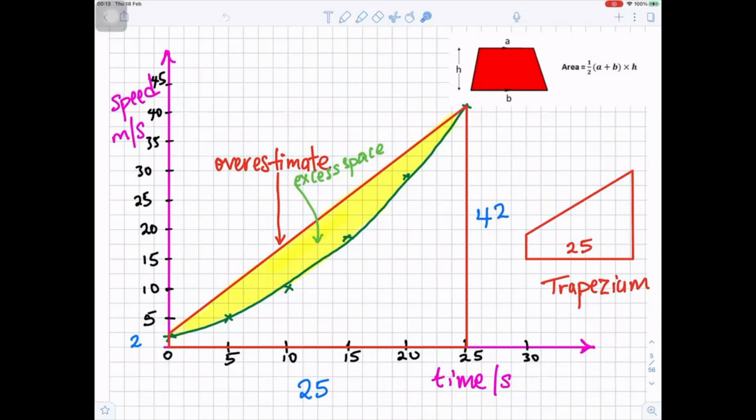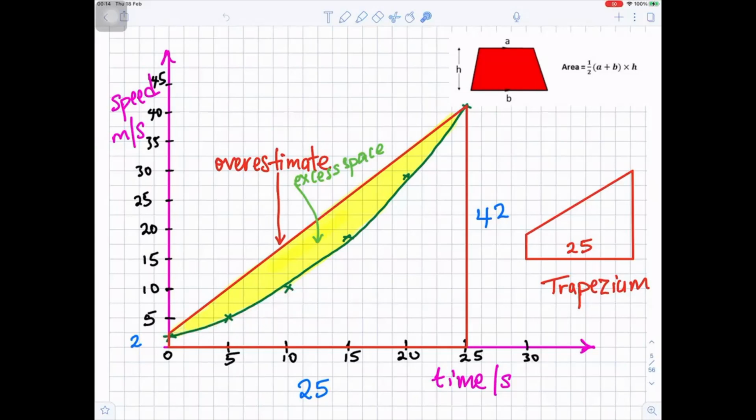So we have 0, 2, we mark that first point. 5, 5, we mark that point. 10, 10, we mark that point. 15, and we mark that point. With the one with 20, we mark all the points and join it with a curve.